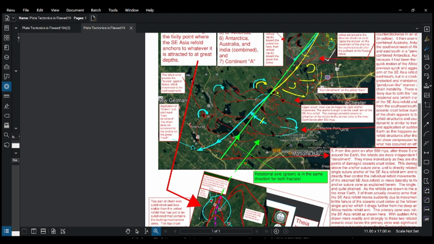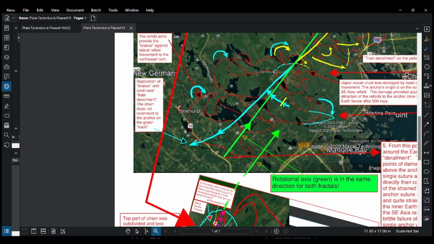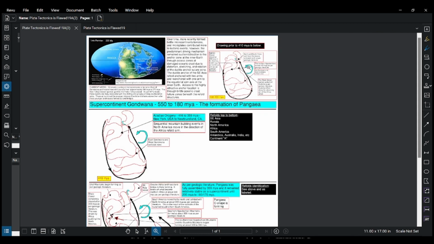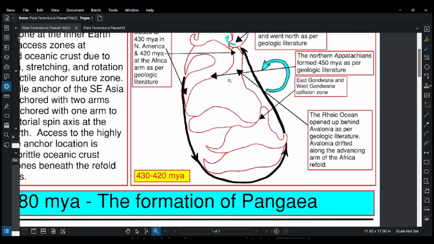Everything's going to start swinging to the right now, just because the momentum's going that way. The last motion was to the left laterally, now it's going to go to the south, or to the right. Keep that in mind. So now the system is rotating in a counterclockwise direction, and there's an arm developing to Africa.